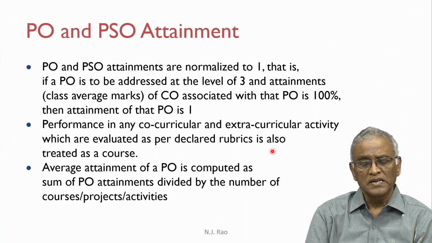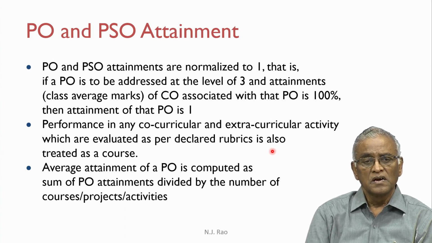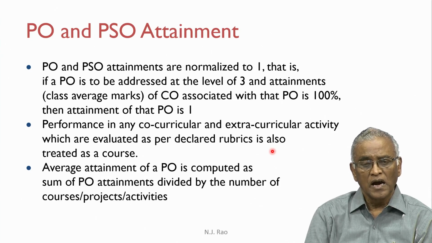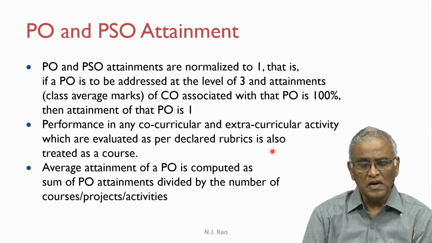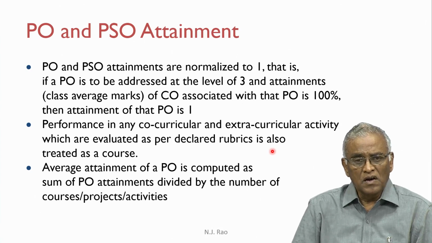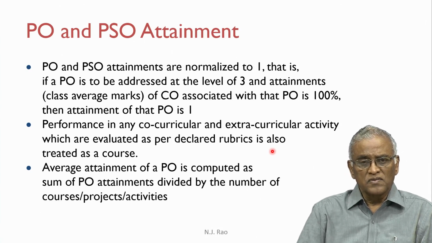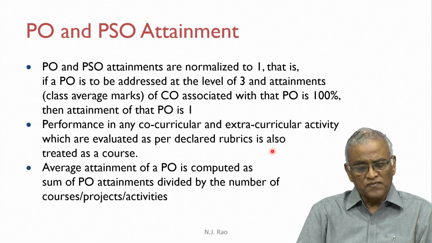If students are involved in 30 hours of activity over a semester, I can consider it equivalent to a 1 credit course. But here we are not trying to compare co-curricular and extracurricular activities with the courses as of now.